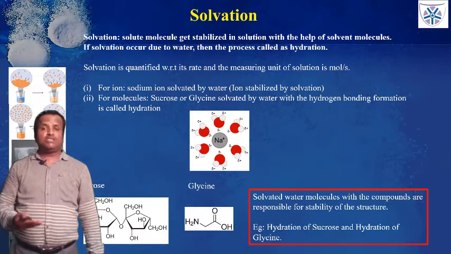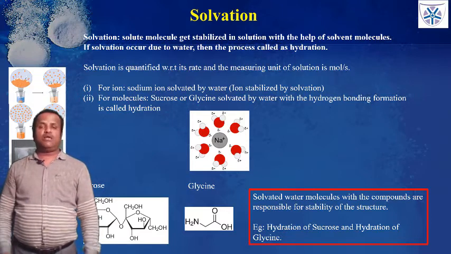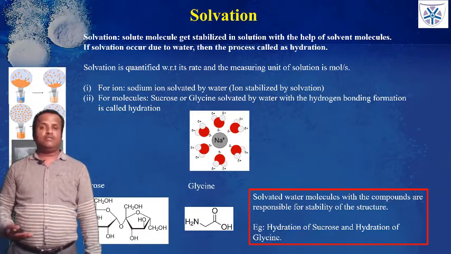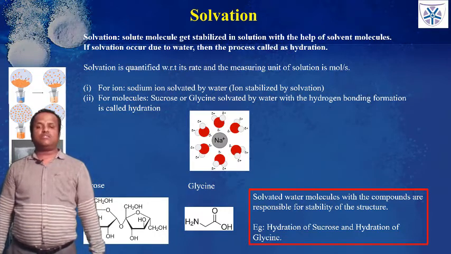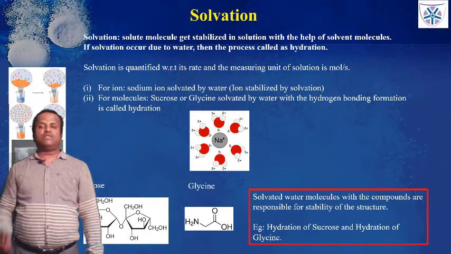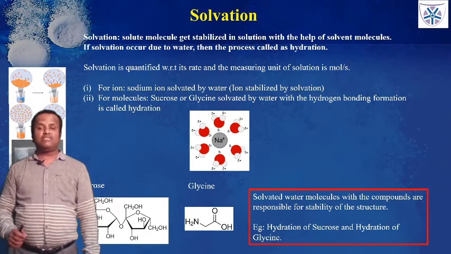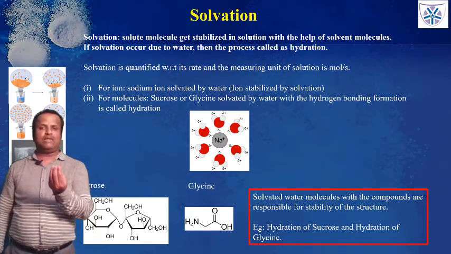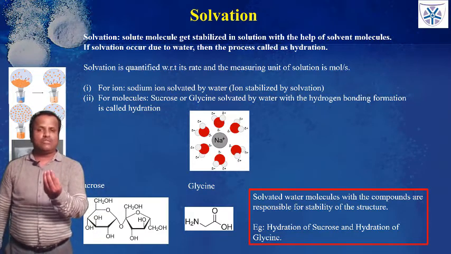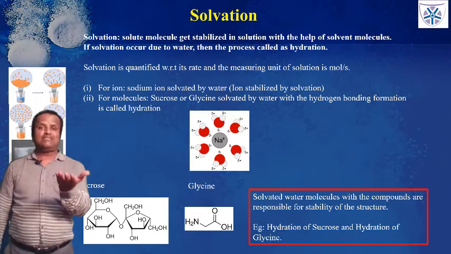This is the application or use of solvation, and some scientists and literature call it microsolvation. The solvated water molecules with the compounds are responsible for the stability of the structure. For example, glycine won't be stable in the gaseous phase; it is always stable in a water environment.